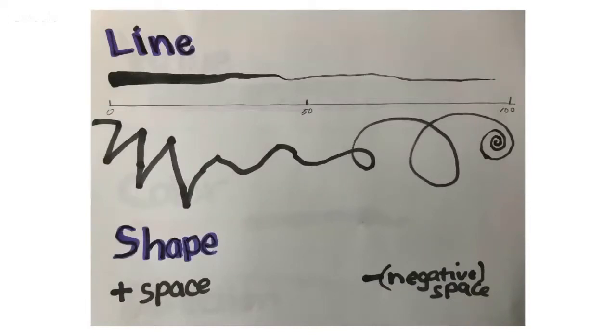Or another kind of polarity would be round and square, curved or angular, amorphous or hard and concrete, hard edged. There's all kinds of different polarities in the attribute of shape.